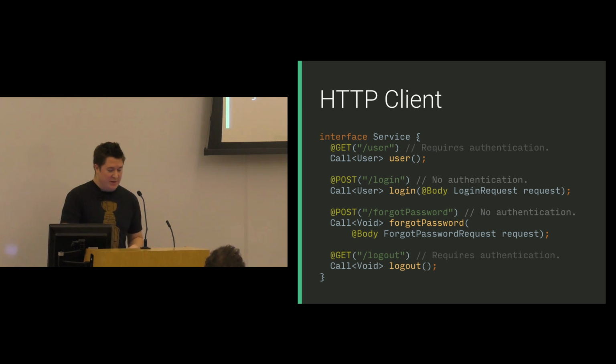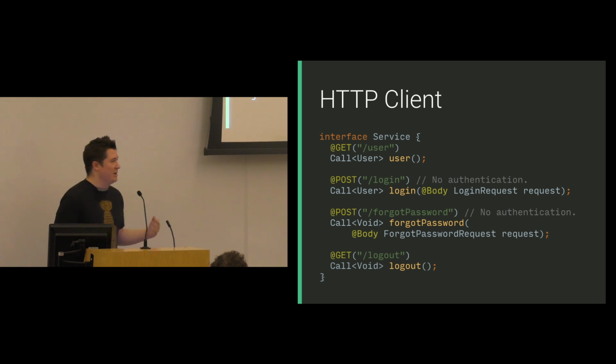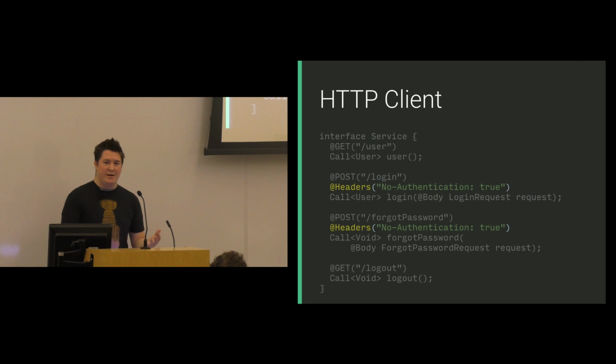And so what we're going to do is say, let's pretend that every endpoint by default is authenticated. And we're only going to specify the ones that don't need authentication. Instead of hard coding that in the interceptor, we can add a header to these endpoints, which is just a marker. Doesn't mean anything to the server, but it means something to us.